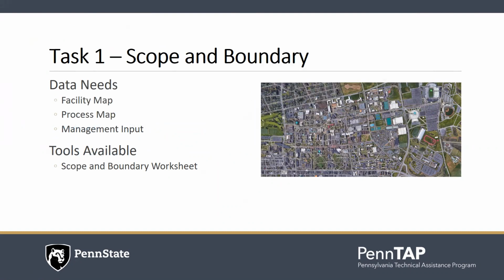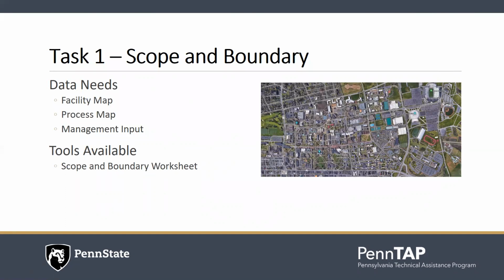Here we're using Penn State's campus as an example, that there are a plethora of options. You could choose any 5 buildings to include in the EnMS, any 10 buildings, the whole campus. You could start with just 1 building. But it really helps to clarify everything if you keep it on a satellite map of this is the sections of the facility we will be covering.